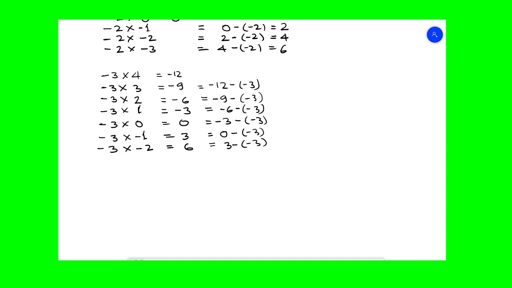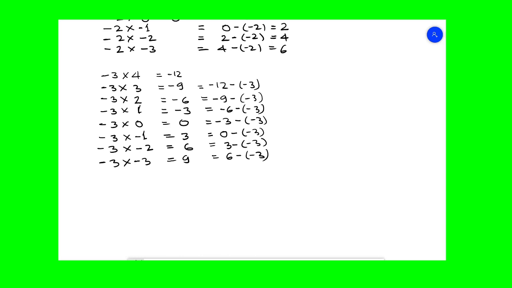Now again, minus 3 multiplied by minus 3 equal to, I am putting up 9, but I am repeating the pattern. So 6 minus minus 3. So what we get? 9. So from the pattern we conclude that when minus 3 is multiplied by minus 1, we get a positive 3.